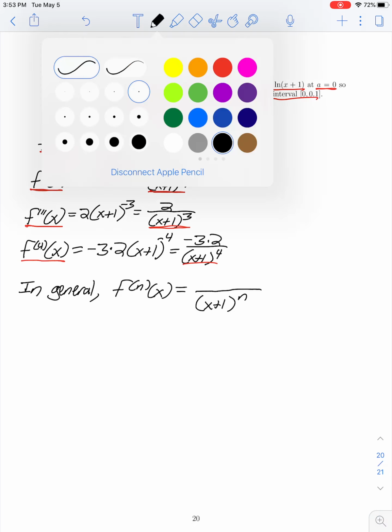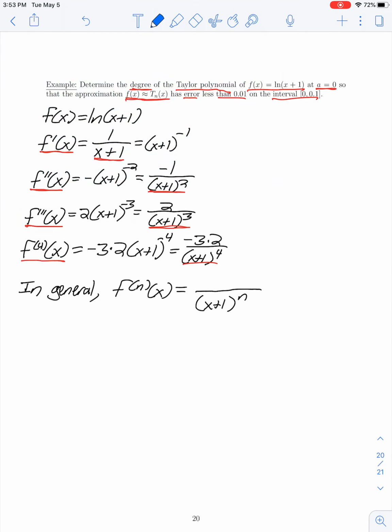Now let's look at the numerator, the constant in our numerator. For our fourth derivative term, we had 3 times 2. For the third derivative, we had 2, or 2 times 1. For the second derivative, we just had a constant of 1. And for our first derivative, again, we had a constant of 1. So we can think of this constant in our numerator as being a factorial term.